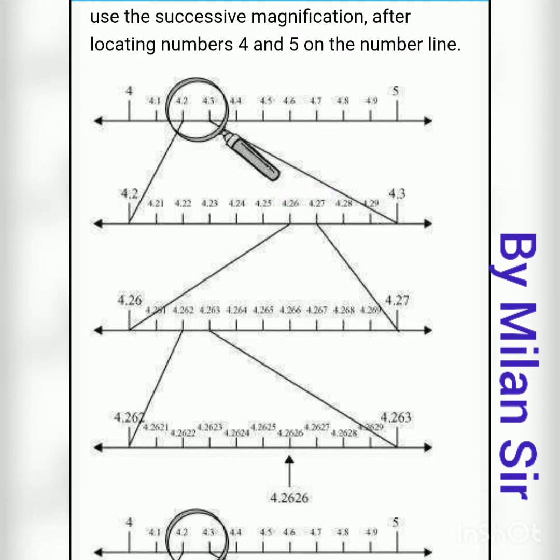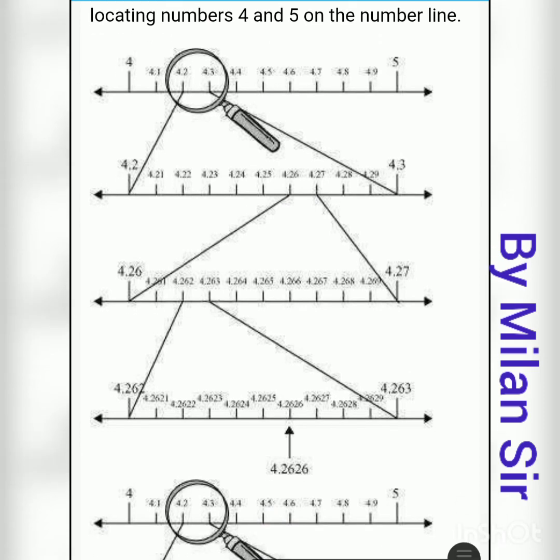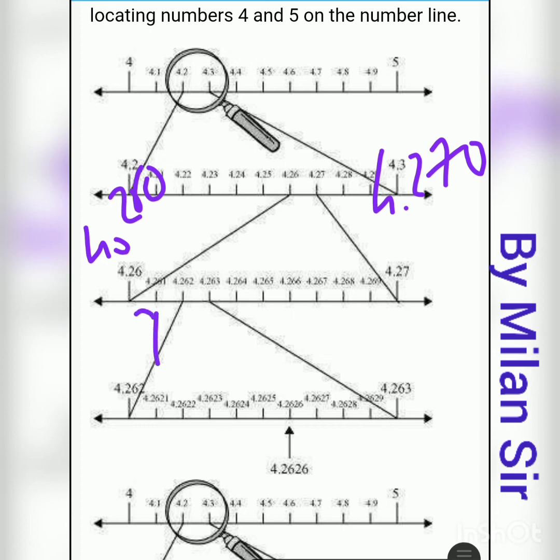So here we have 4.26 and 4.27. Now 4.26 means 4.260, right? And here 4.27 means 4.270. After 4.260 we have 261, 262 continuously.